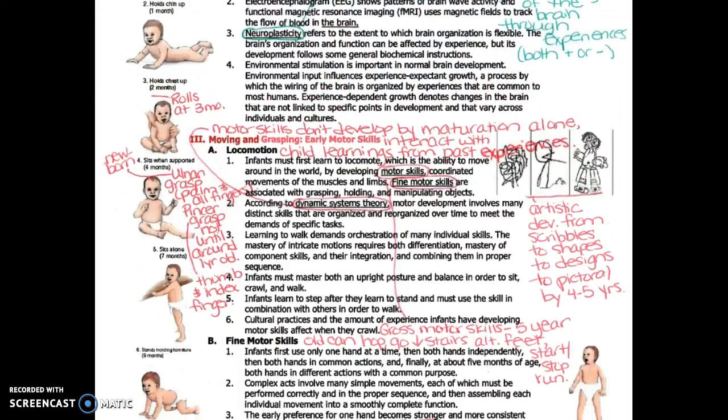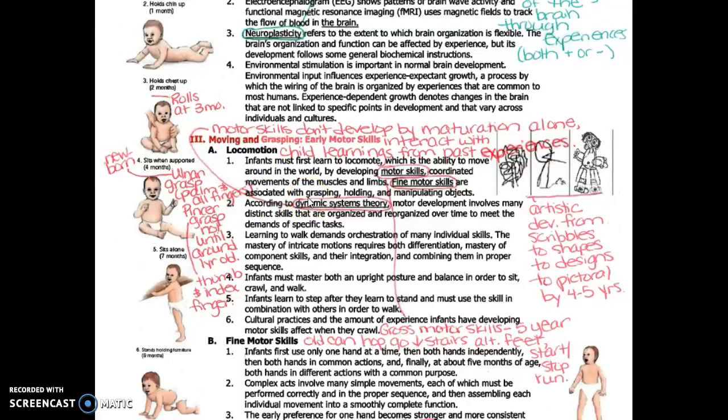All right, so let's look at this theory called dynamic systems theory, which says that motor skills don't develop by maturation, like us maturing alone. Rather, it is an interaction of children learning from past experiences. So this theory says really that little ones try out something. Maybe they want to get to, say, a toy.